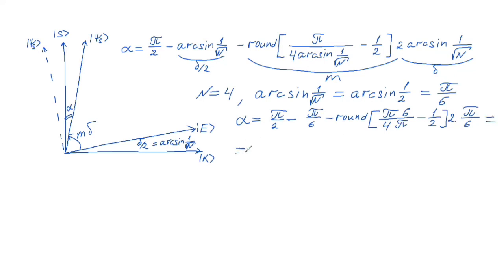So when we put it all together, we get pi over 2 minus pi over 6 minus pi over 3, and this is equal to 0.